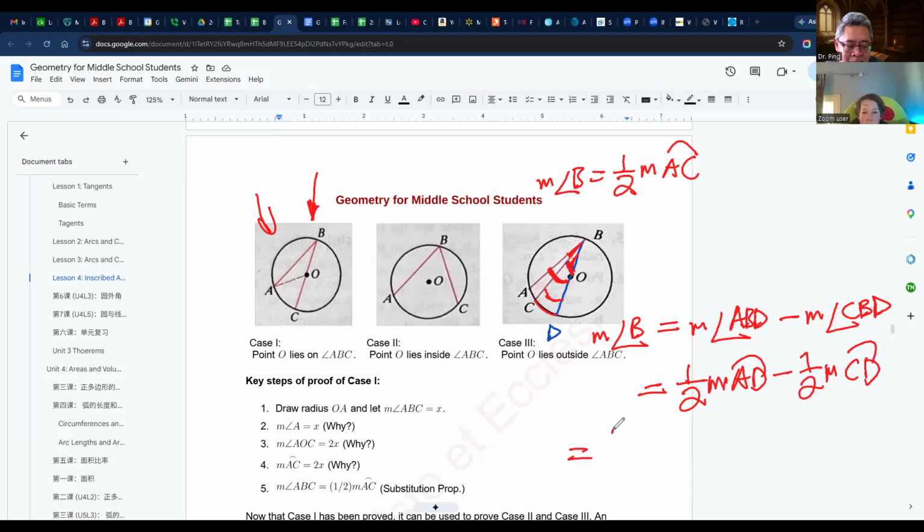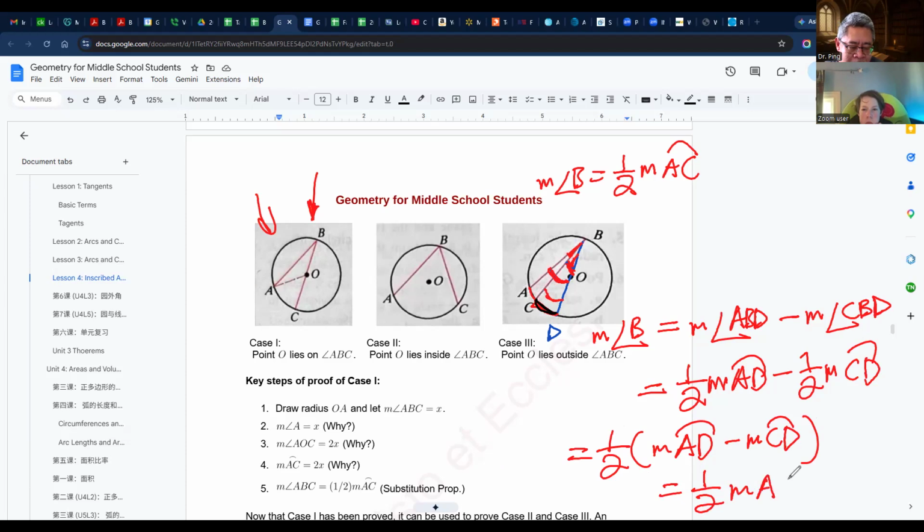Well, we can move half out, so we got measure of AD minus measure of CD. Well, AD is this part, then CD is this part. So the difference will be AC. So therefore, we got half of measure AC. Good.